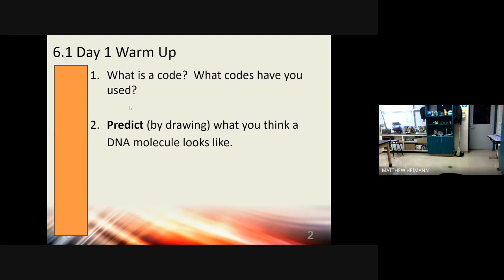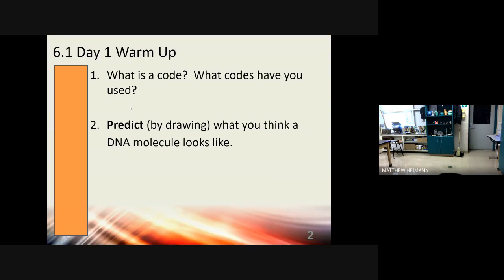All right, predict by drawing what you think a DNA molecule looks like. So on number two, it's a ladder like, but it's actually like a twisty ladder.